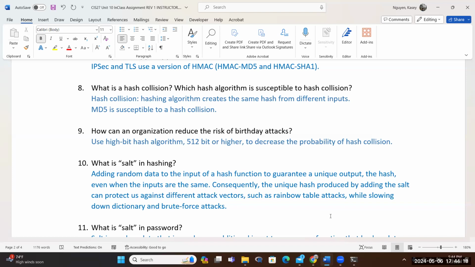So when you take away the salt, it's still the same, right? So with or without the salt, it should still represent that same object. But salting is simply stuffing it so that it looks different to someone who doesn't have access to that. So the unique hash produced by adding salt can protect against different attack vectors, such as a rainbow table attack.